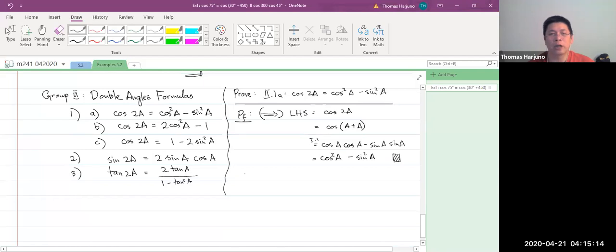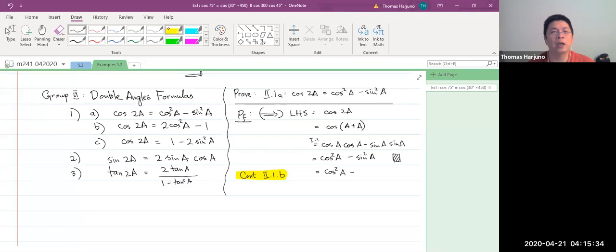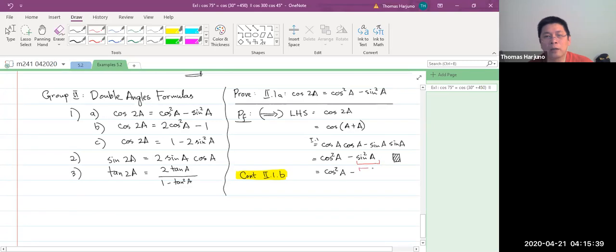Now, we can continue to prove 2, 1b, by substituting that sine squared a. I will substitute sine squared a by 1 minus cosine squared a.